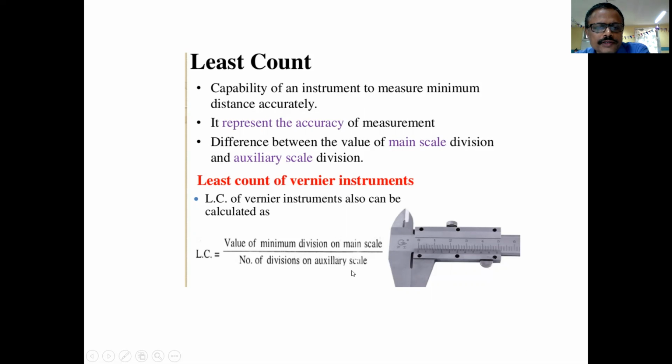So least count, in broader terms, we can say that it is the least measurable distance. It is the minimum distance that we can measure using any instrument. Suppose if you take the watch, the minimum measurement in our day-to-day watch is 1 second.